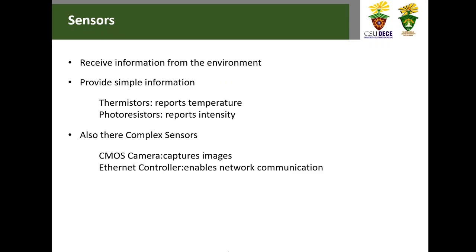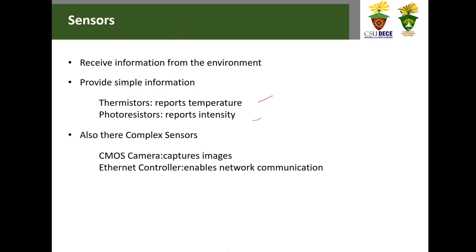And for another component of an embedded system, we have a sensor. So sensor receives information from the environment. So siya ang receive, tigdawat, and it can provide simple information. For example, we have thermistor. It reports the temperature, and for the photoresistor, reports the intensity.